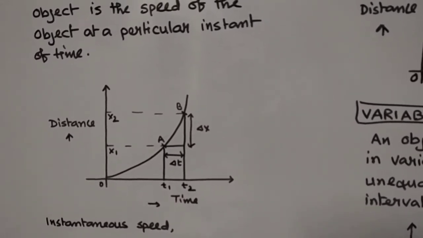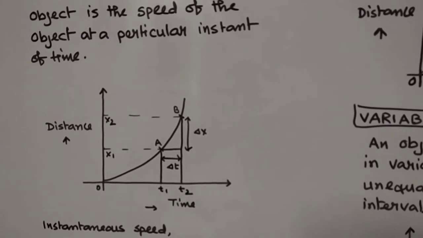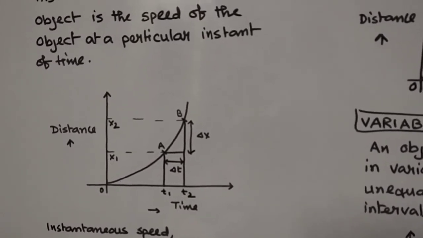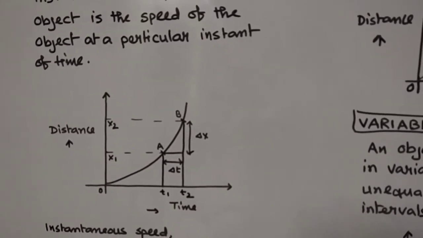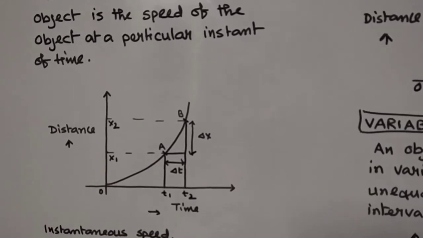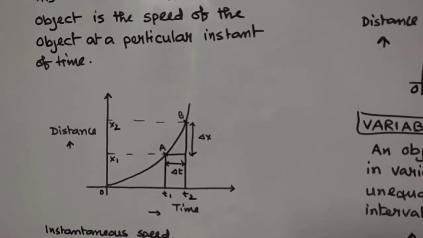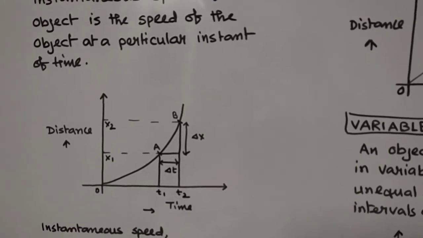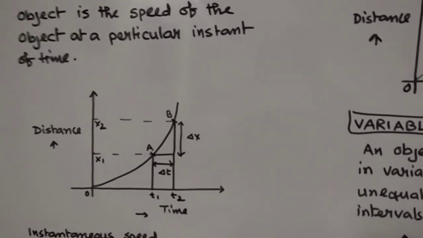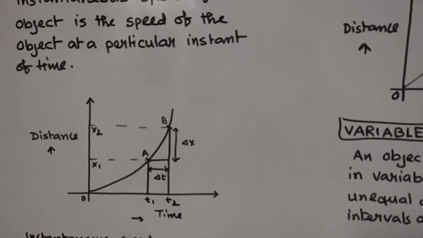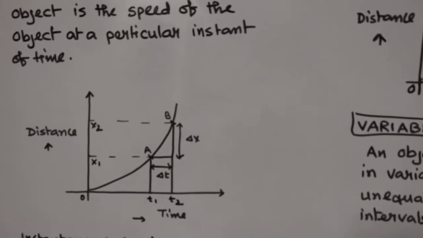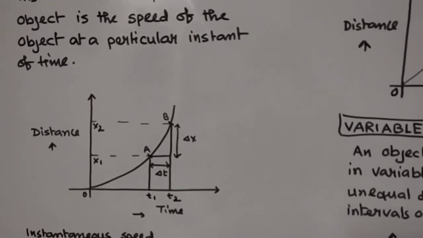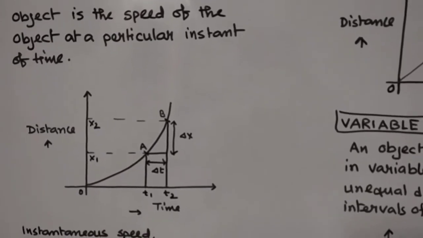We have drawn lines parallel to the axes from point A as well as from B, one line parallel to the distance axis and another parallel to the time axis. Here, as per the graph, delta x is x2 minus x1, and delta t is t2 minus t1.